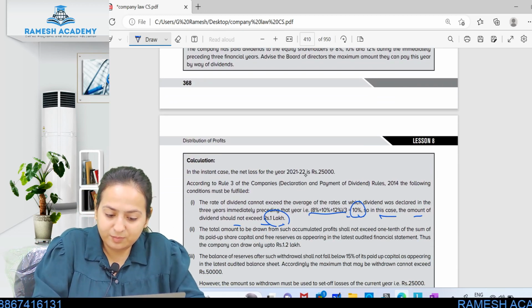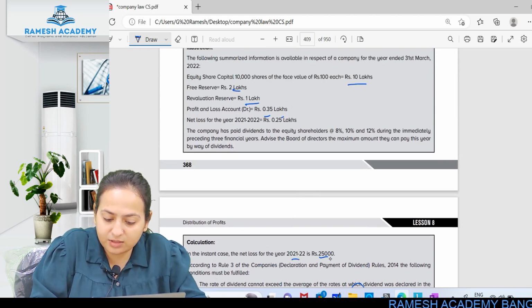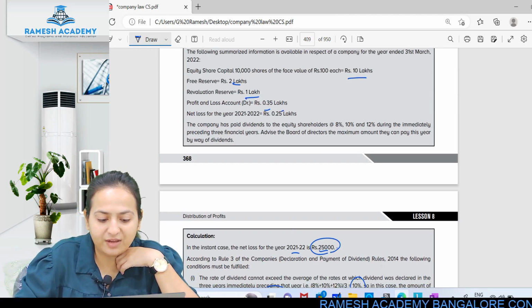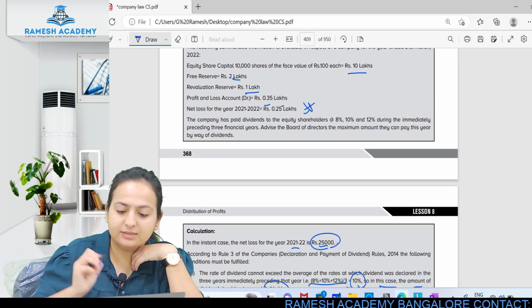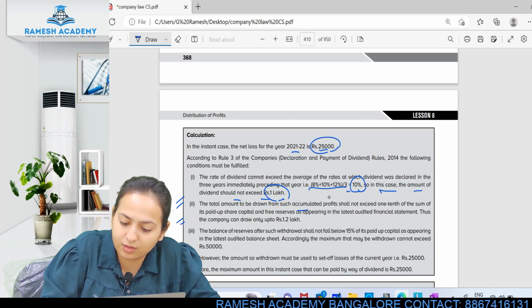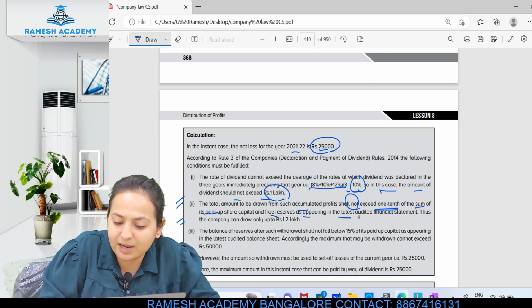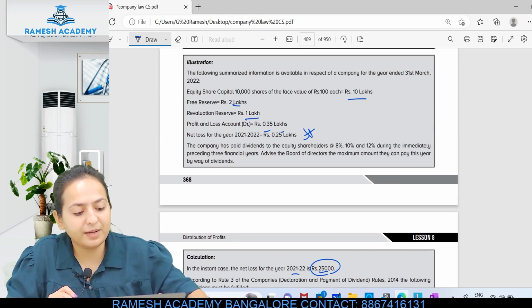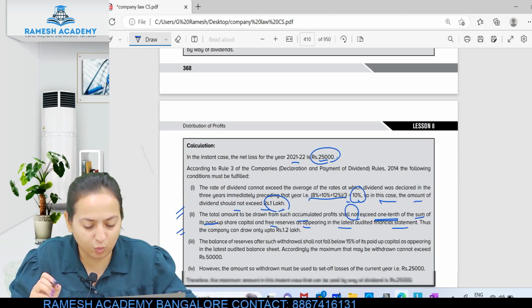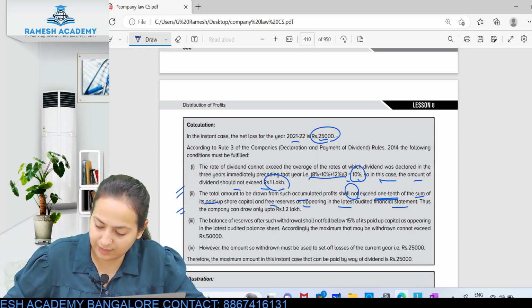Next comes, in this case also the loss comes to be 25,000. 25,000 is your net loss in this case. So next is total amount to be withdrawn shall not exceed 1/10 of the paid up share capital and free reserves. So paid up share capital and free reserves 10 plus 2 is equal to 12, right?